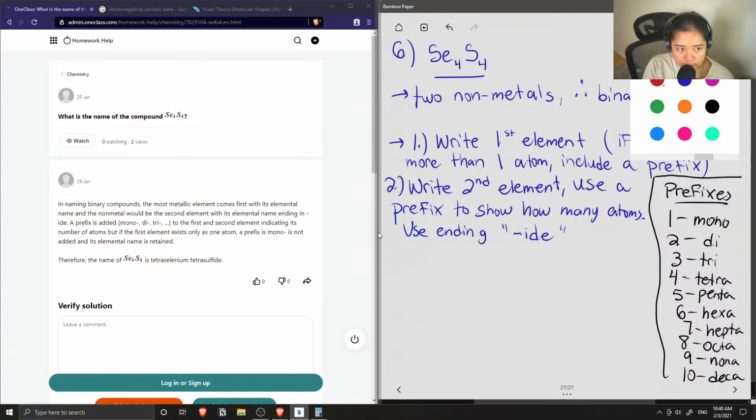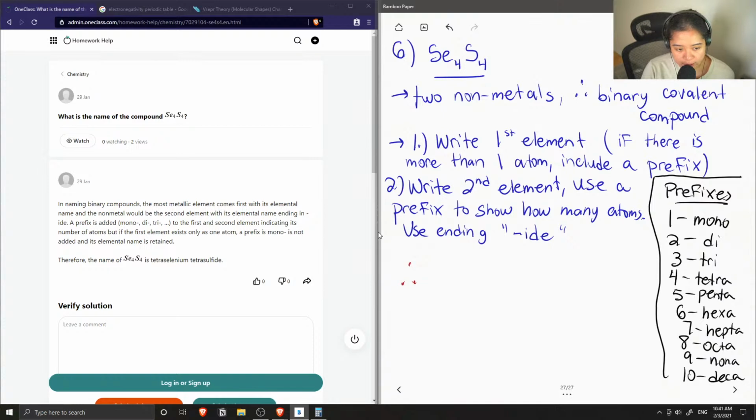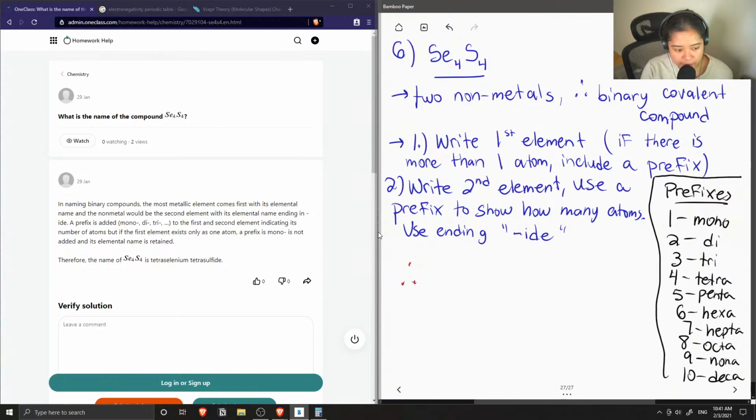So now for our example, we have selenium and sulfur. So if I were to follow these rules, first I would write my first element, which is selenium, and since there's more than one selenium atom, I would use the prefix. So I would write tetraselenium.